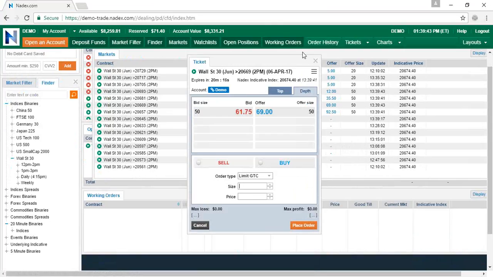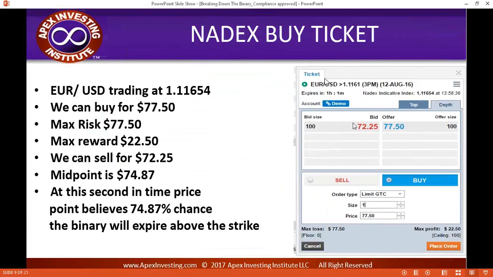Okay. What that means, Joe, is in this example, let's say I want to buy this contract. Well, that means if I buy it, it's in the money, right? From a buy standpoint, Joe, this contract right here, the statement says the euro dollar will be greater than 11.61.